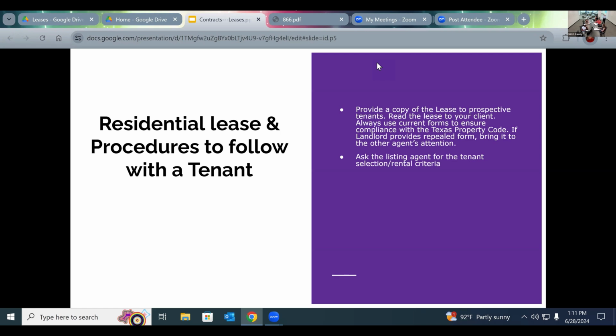I sent them the model tenant selection as an informative form, but they didn't want to sign it. As long as you can show that you offered it to them before they made an application. Well, they didn't ask for it, so that's why. Okay, as an agent, we need to ask for it.